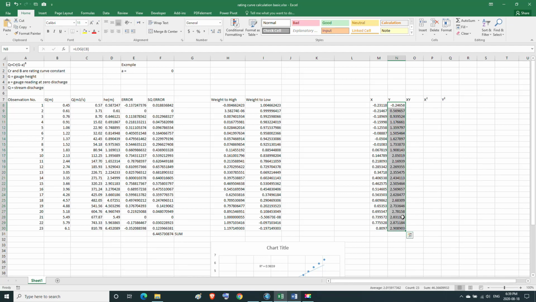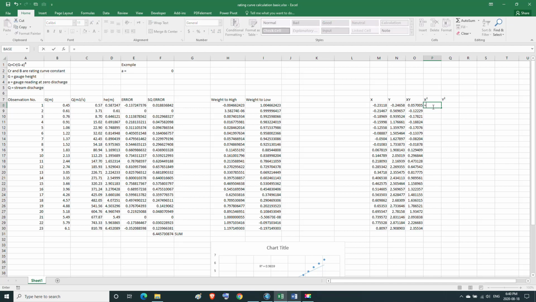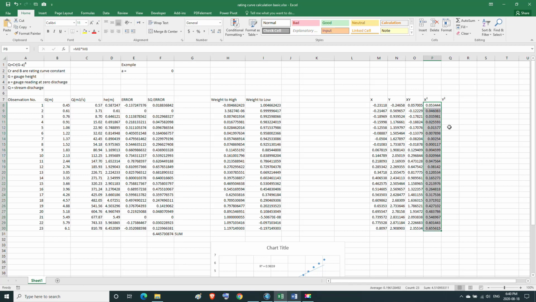Then we calculate the values of x multiplied by y, or xy, as we see. Then we calculate the values of x squared, and then the values of y squared, as we see.